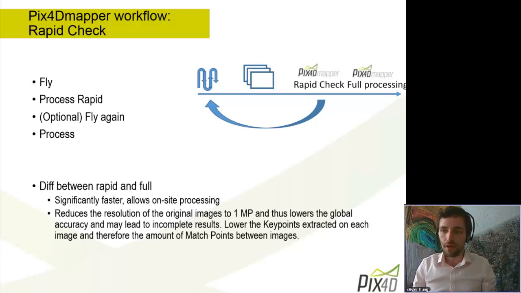Something very important to know, and which is also underlined in the webinar about optimal flight plan, is that to have a very good and a very accurate project, it's incredibly dependent on the quality of the flight plan and the images you acquire.